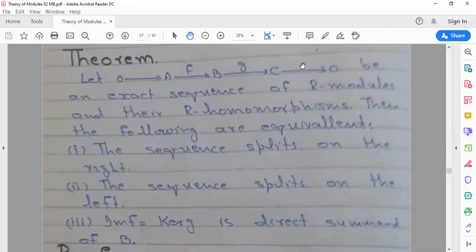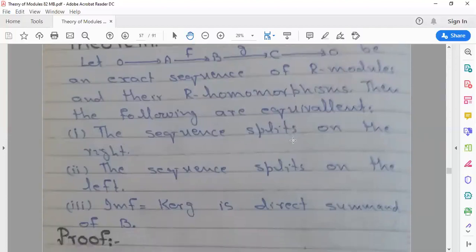Approaches means that, for example, here we stated B approaches C. So here G is a particular function defined from B to C, but here he will not mention which kind of function is defined from C to 0. Be an exact sequence of modules with homomorphisms, then the following are equivalent.